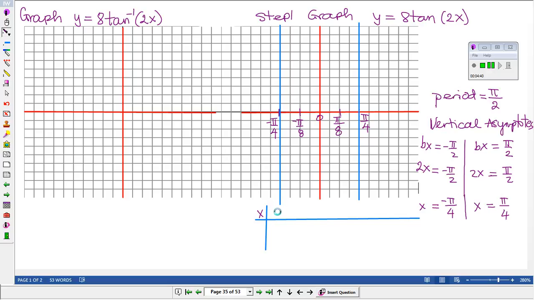So our x values will be negative pi over 4, negative pi over 8, 0, pi over 8, and positive pi over 4.